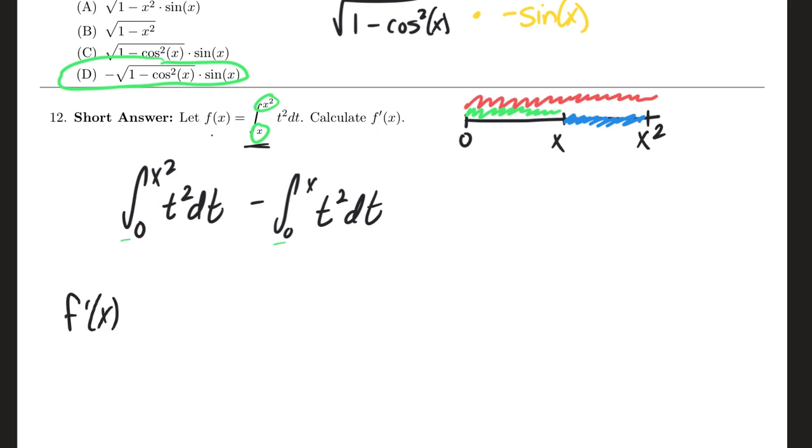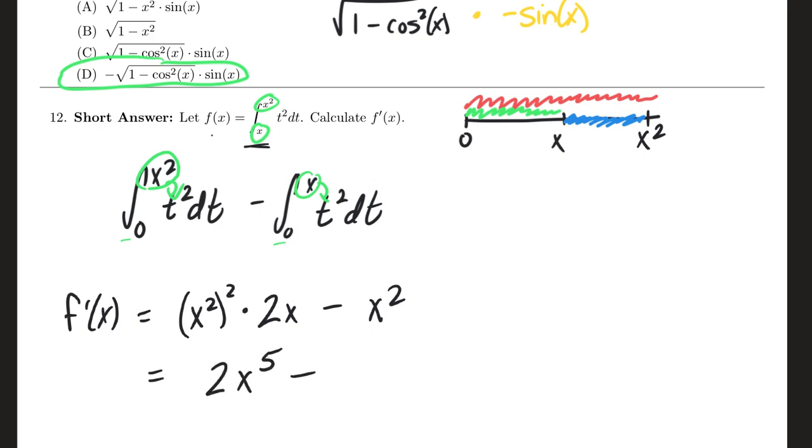All right, for this one, because it's an x squared up here, I have to do the chain rule. So the x squared is going to go in first. I'm going to get x squared squared. Then I have to multiply that by its derivative, which is 2x. All right. And then the second one, I just have an x, so I just put the x in and I get x squared. And so of course, I don't really make you simplify too much, but if you wanted to, you could write this as 2x to the 5th minus x squared would be your final answer.